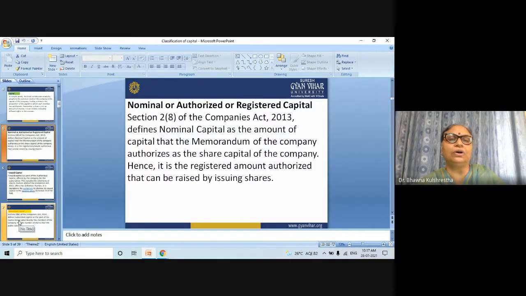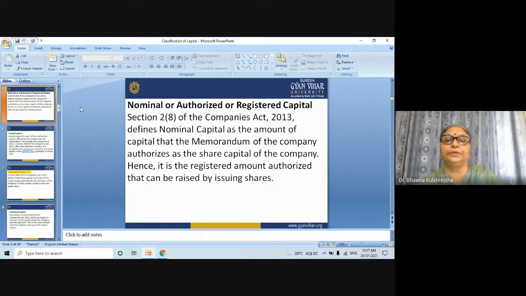The first is nominal, or authorized, or registered capital. Section 28 of the Companies Act 2013 defines nominal capital as the amount of capital that the memorandum of the company authorizes as the share capital of the company.